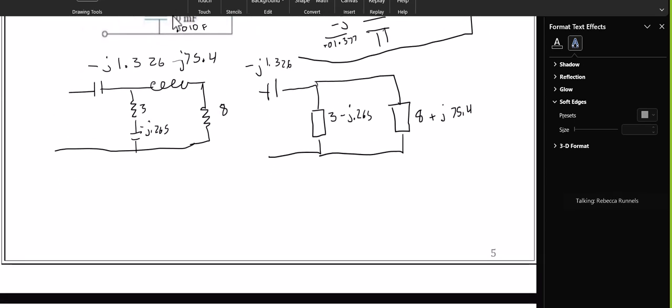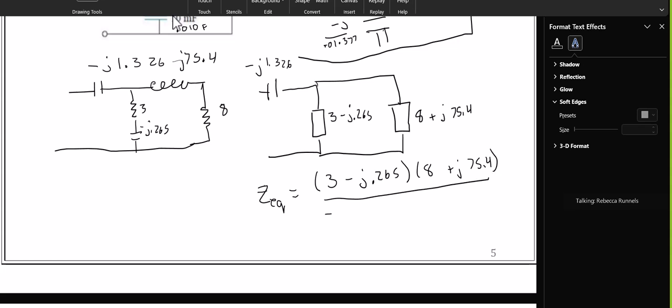So then the two that are in parallel, I can find their equivalent by doing 3 minus J 0.265 times 8 plus J 75.4, over 3 minus J 0.265 plus 8 plus J 75.4. So we can get that.